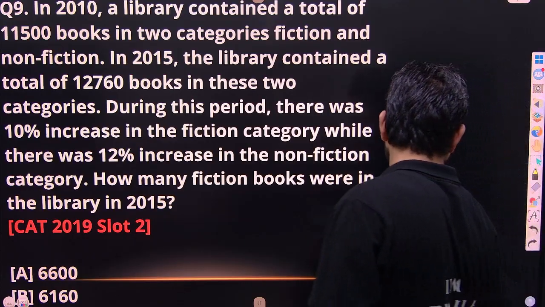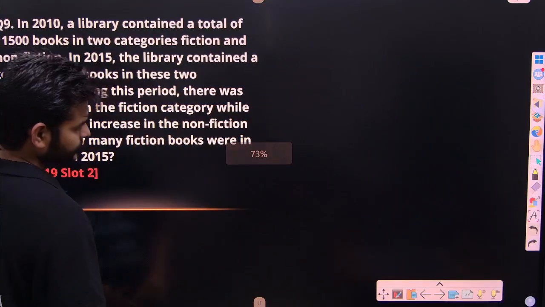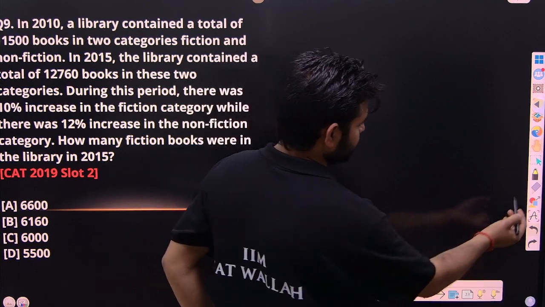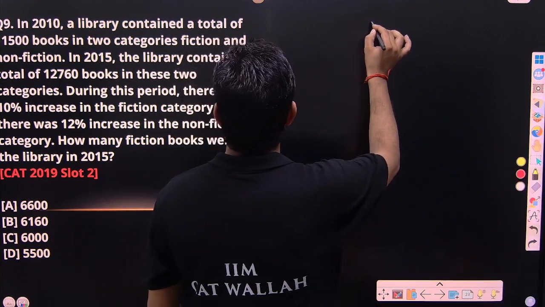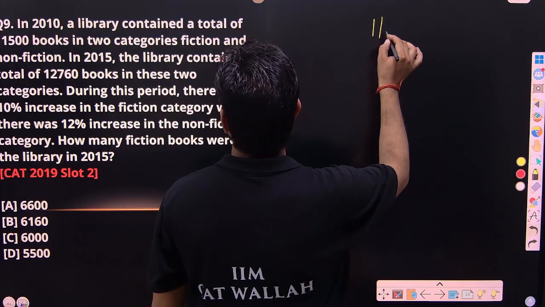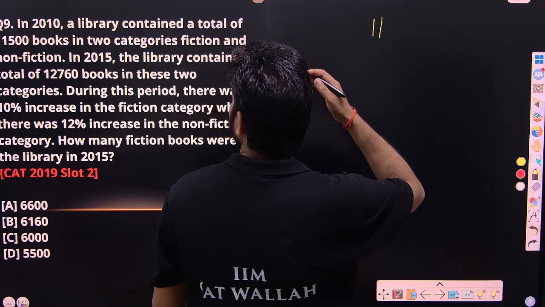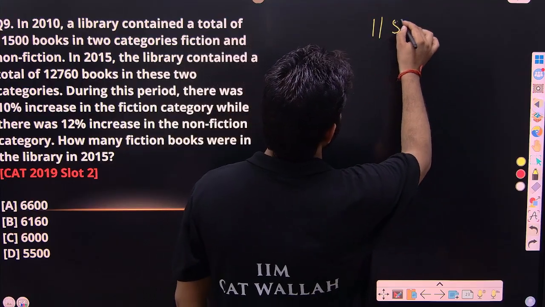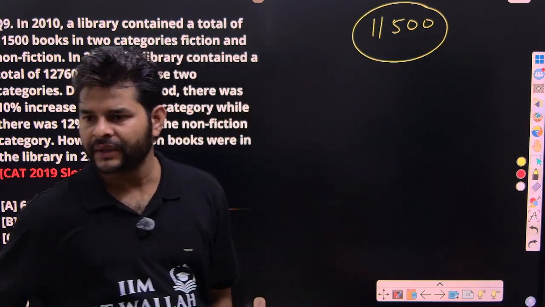So how are we going to take the approach? Suppose at the initial level, the total books were 11,500. These were the total books. Got it?